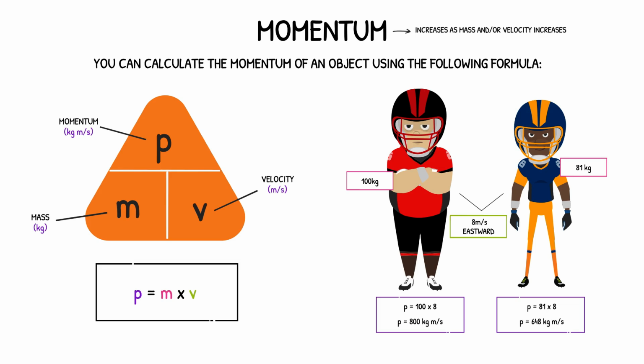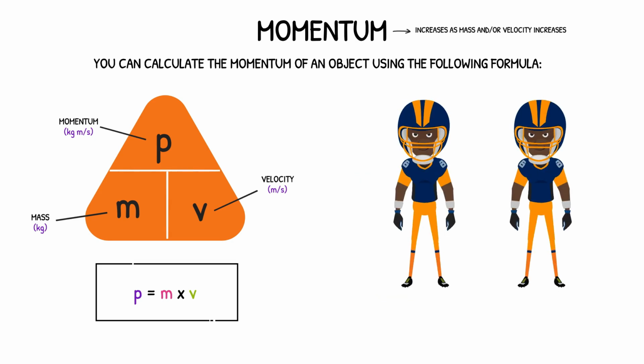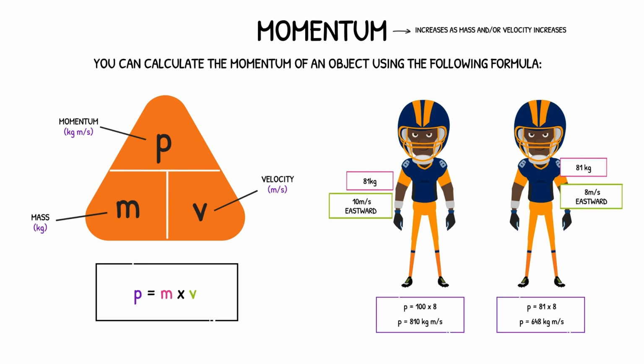These calculations show us that when two or more objects are travelling at the same velocity, the object with the greatest mass will have the greatest momentum. Similarly, if we had two objects of the same mass travelling at different velocities, the object of the greatest velocity would have the greatest momentum.